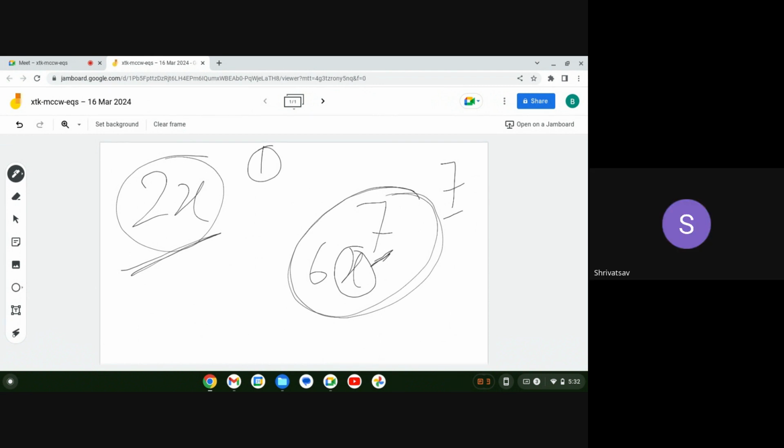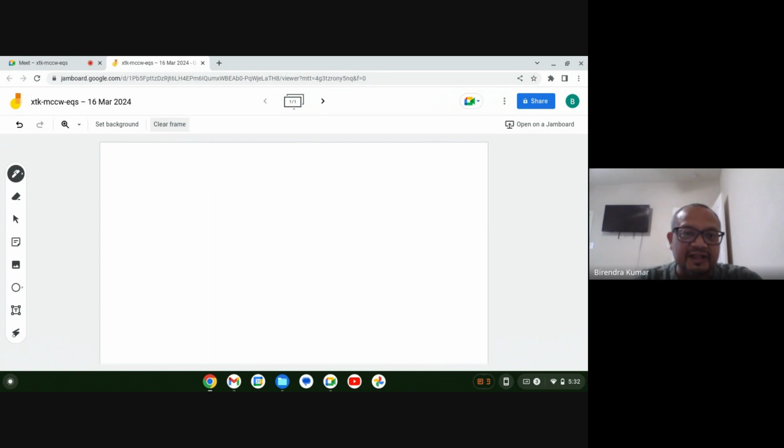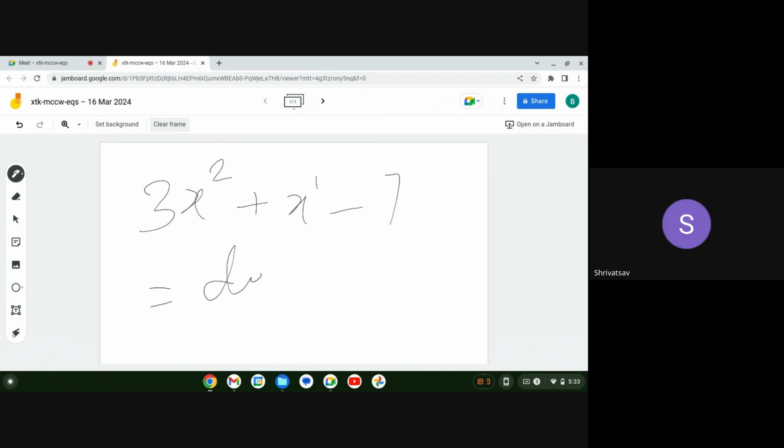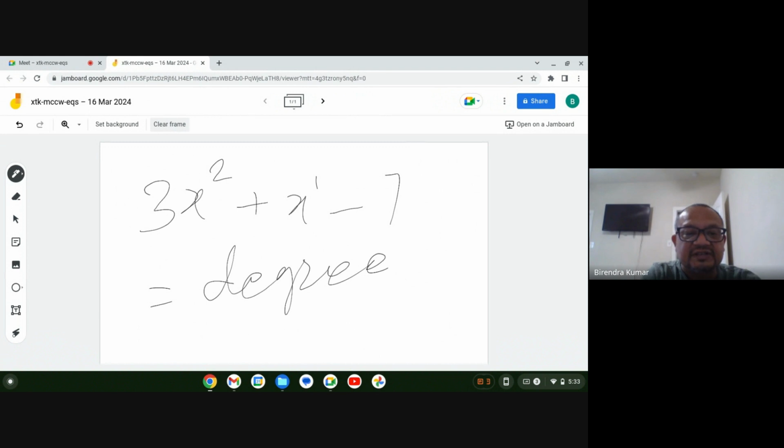So that's what I was saying. If you have an expression like this, what is the variable here? X. What is the maximum power of x? That is 2. So the degree of this polynomial expression is 2, because this is the maximum power.